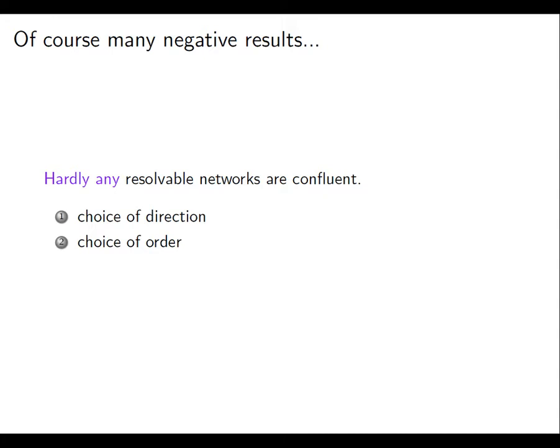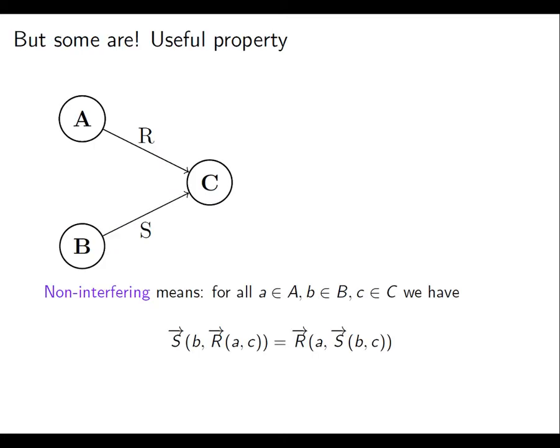The other thing that might happen is that we might have a choice of order in which to apply the consistency restoration functions, and that also might lead us to different solutions, if it leads us to a solution at all. Some networks are indeed confluent, and now let's spend a few slides exploring the situation under which that actually happens.